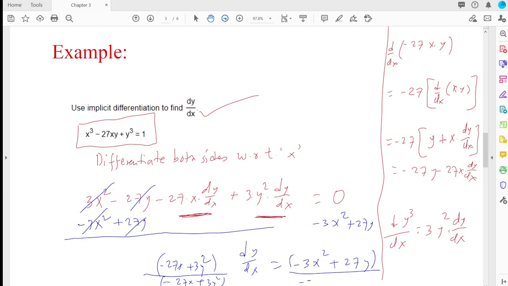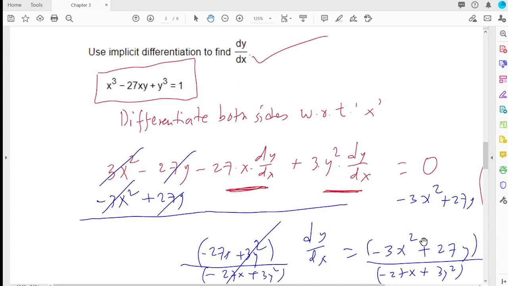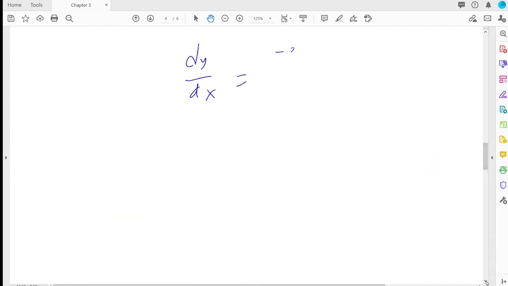So dy over dx is, just copy this one, negative 3x squared plus 27y over negative 27x plus 3y squared.